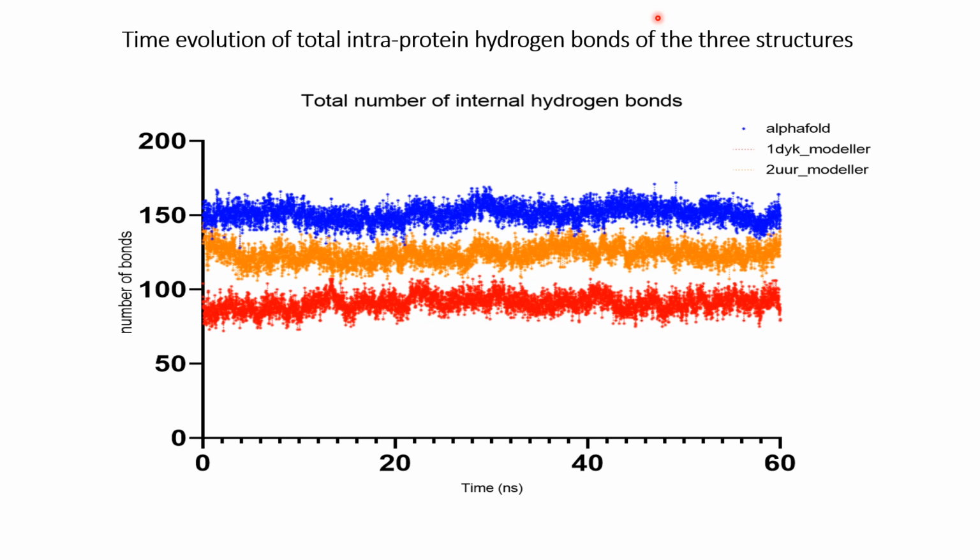Most frequently, loops of a protein are found near the surface, which exposes them to solvents and other proteins. This feature enables loops to play a crucial role in the protein structure, such as shielding the hydrophobic core or binding to other proteins and ligands. Among the three structures, AlphaFold 2 has the highest number of hydrogen bonds.